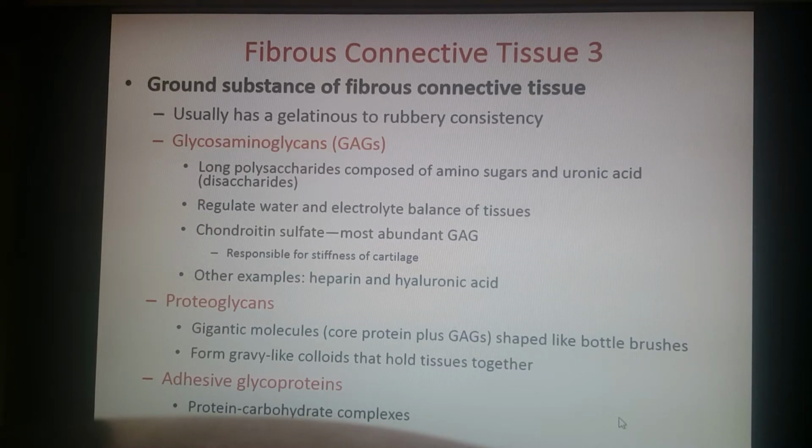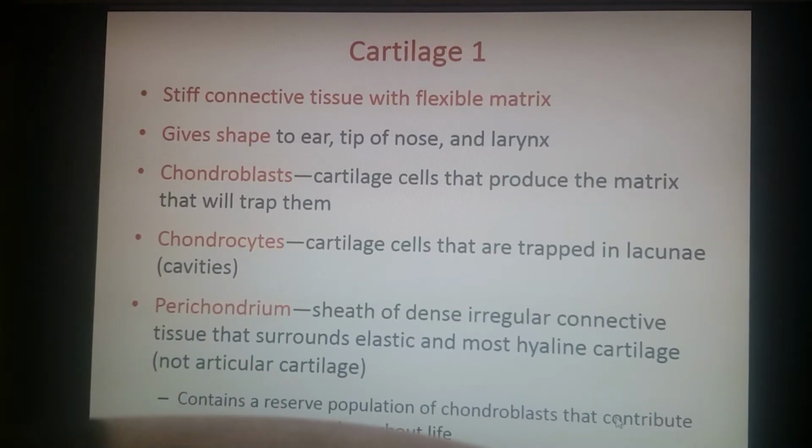These help to hold the tissues together, more gravy-like, a thicker type of substance. Then the last ground substance is the adhesive glycoprotein. Again, part carbohydrate, part protein, and they just help bind your tissue together.